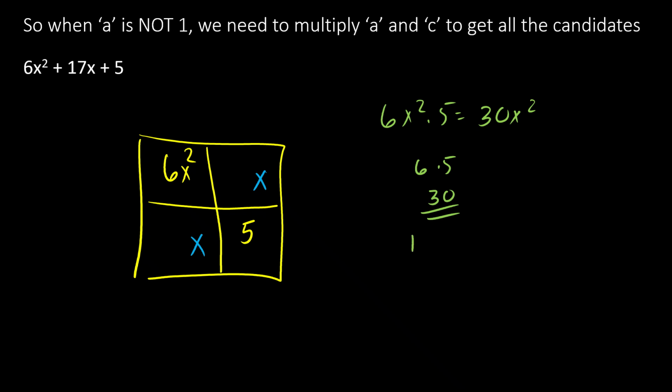And so now I've got to look at all the possible ways that might break down. You could go through all of that, but we need them to add up to 17. So we know that this is going to be, say, a 2x and a 15x. Now I am reasonably sure that I've got the products being the same. So 30x squared, and this will be 30x squared.